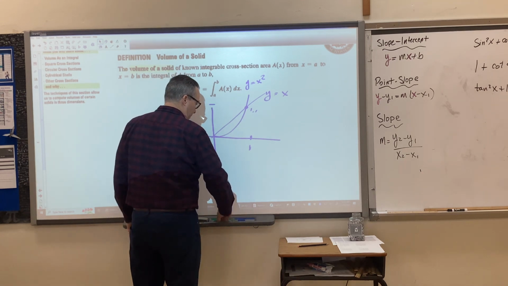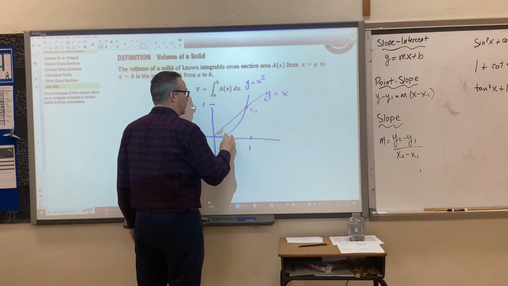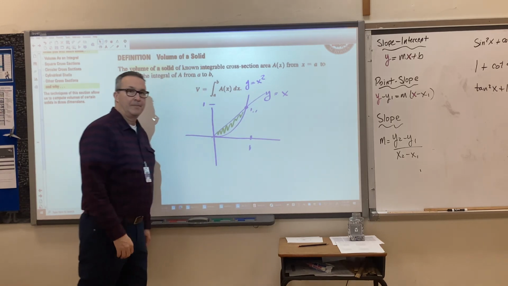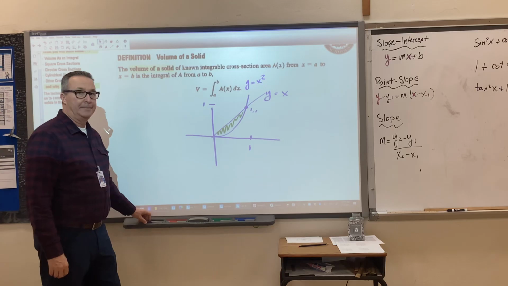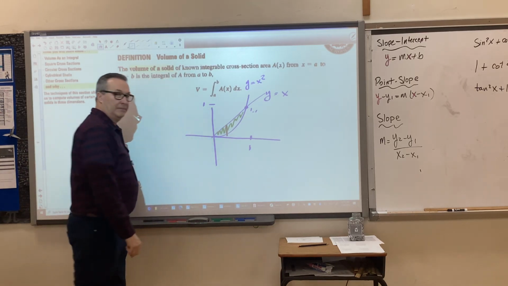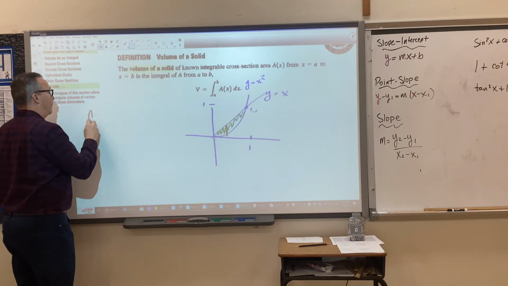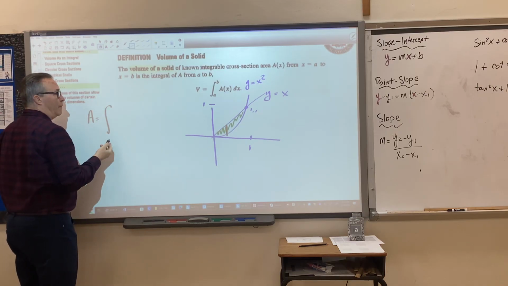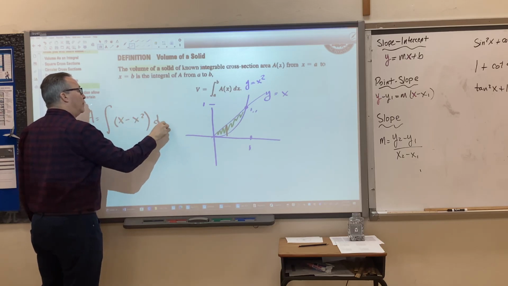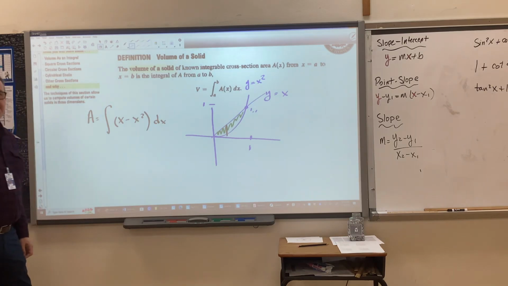But anyway, look at this area. How would you find this area between the two curves? Top function minus the bottom function. And what's the integral? 0.